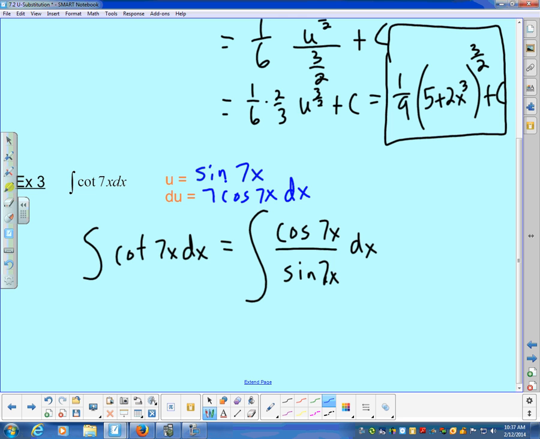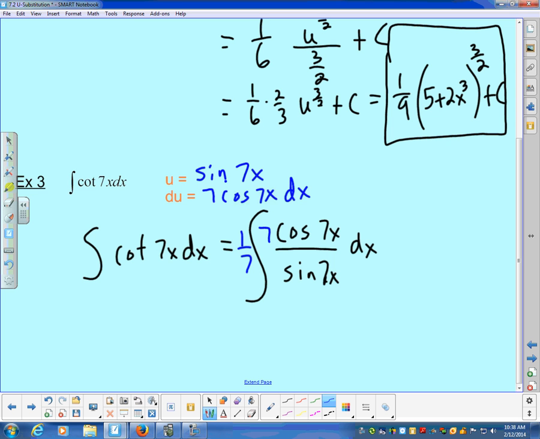So let's add in everything we need. I need a 7 in front of the cosine, right? And then what else do I need? A 1/7 out front. So I have 7 cosine of 7x dx. That exactly matches du, and sine of 7x matches u.